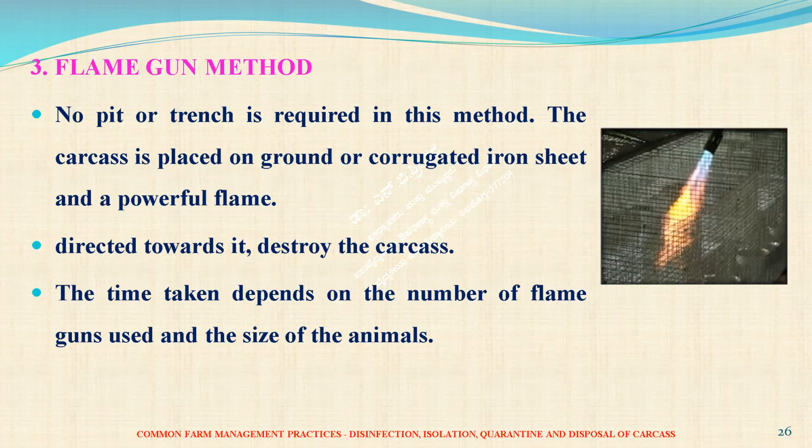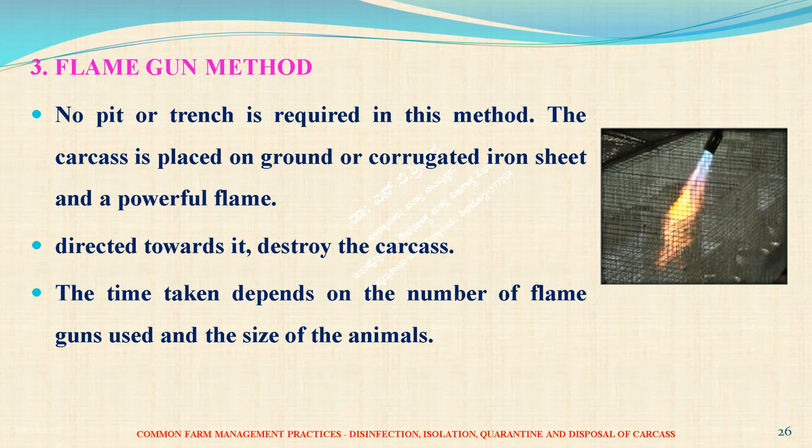Apart from this, there is one method called the flame gun method. No pit or trench is required for this method. The carcass is placed on the ground or on a corrugated iron sheet and a powerful flame is directed towards it, and it is sometimes used to destroy carcasses.